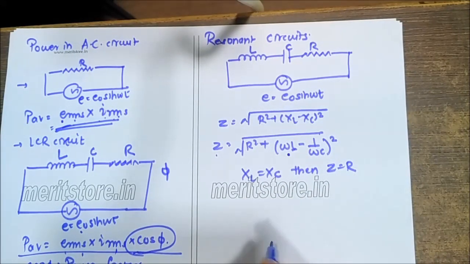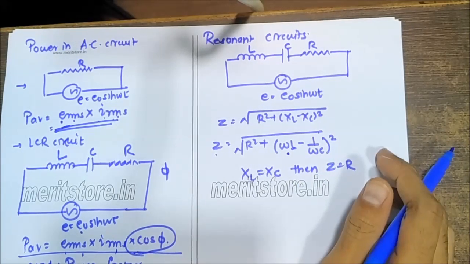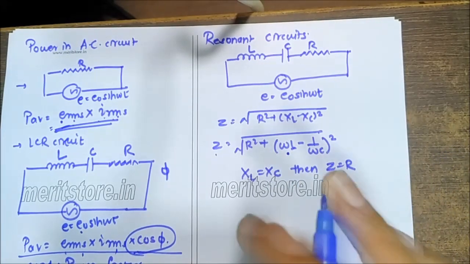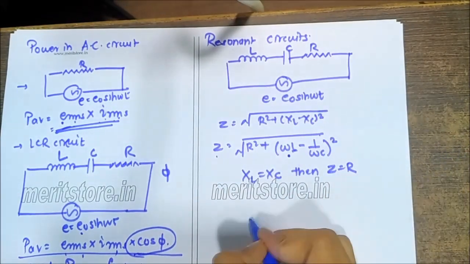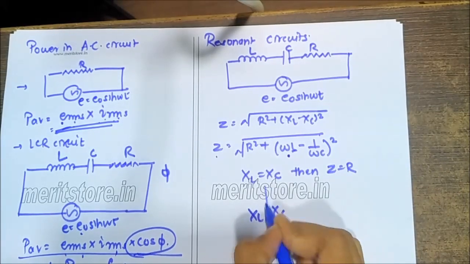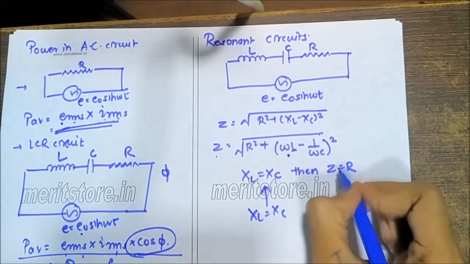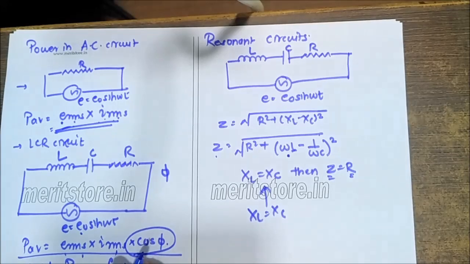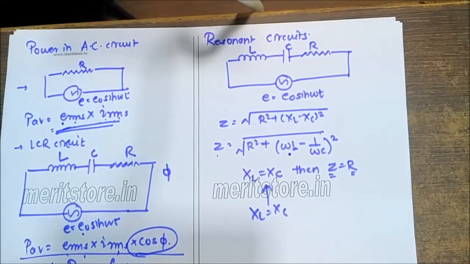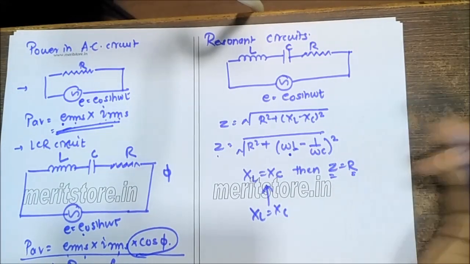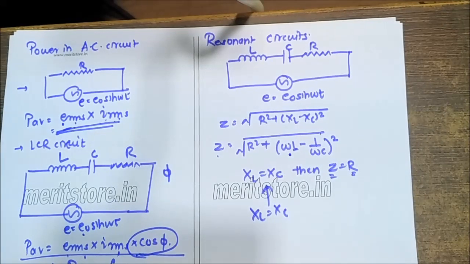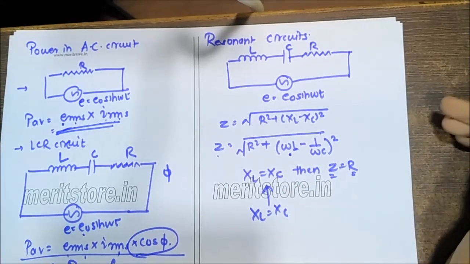If the frequency of the EMF is adjusted, at a particular frequency XL will equal XC. Then the impedance equals the resistance, and the circuit behaves like a purely resistive circuit, that is, the current becomes maximum and the impedance becomes minimum. There we say there is resonance inside the circuit.